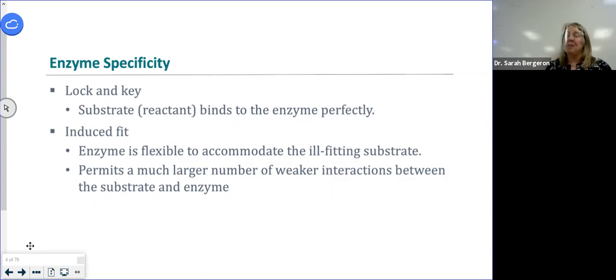So basically, remember we've talked about proteins being extremely flexible, right? They change shape all the time. And so what actually ends up happening is the enzyme is flexible and it changes conformation in order to accommodate the substrate. The substrate doesn't naturally fit in that pocket perfectly.